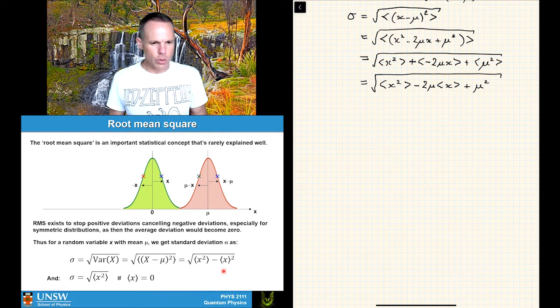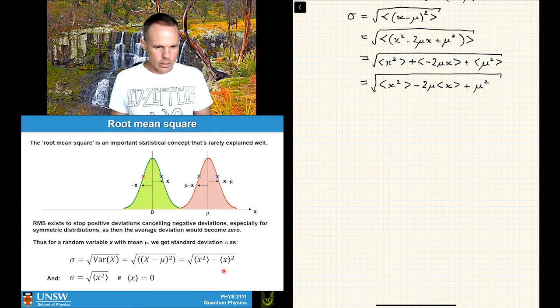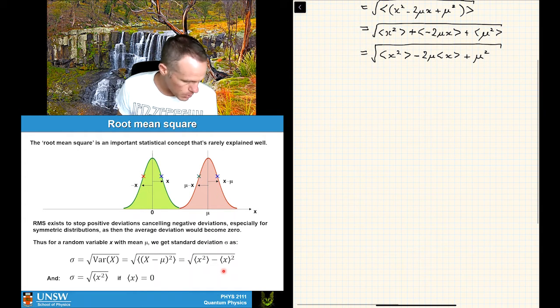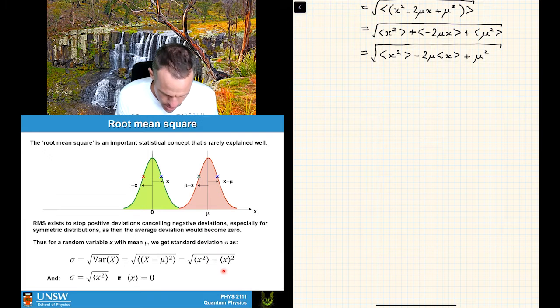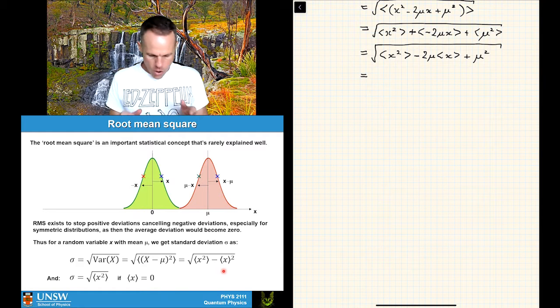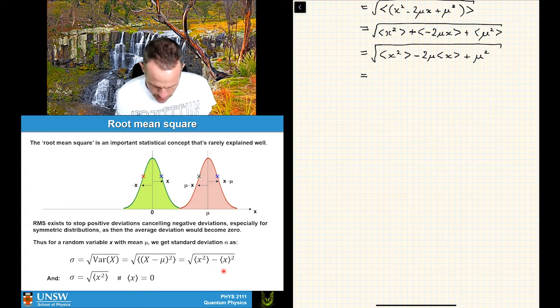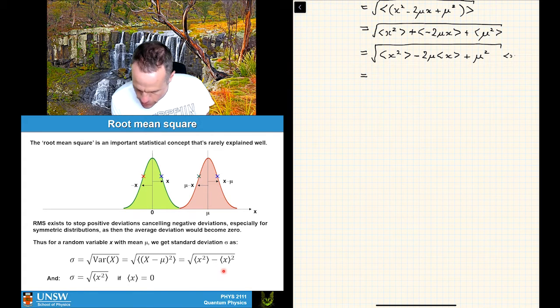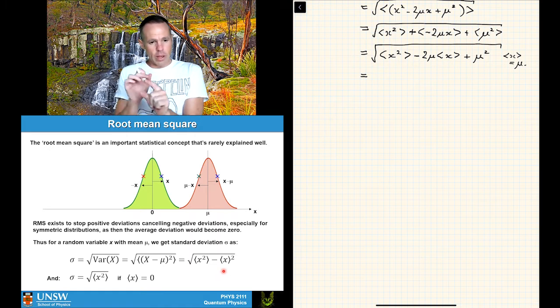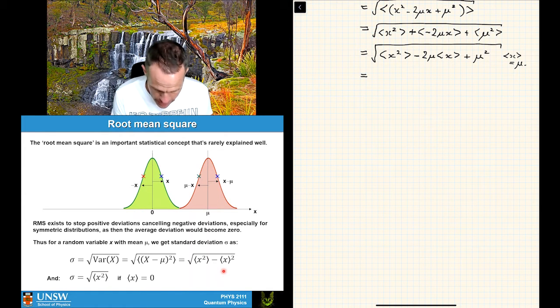Okay, all these little things like pulling numbers outside of averages and the average of a sum being the sum of the averages are pretty quickly checkable. Then the next step is that we know that this term in here, the average of x, is just mu, right? Because we're looking at a distribution in x, and so that is just going to be the average position anyway.